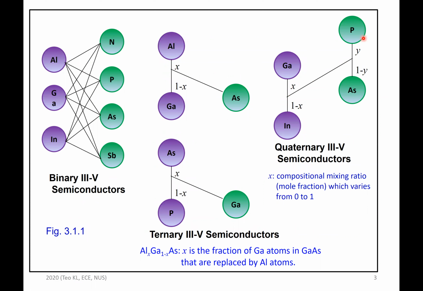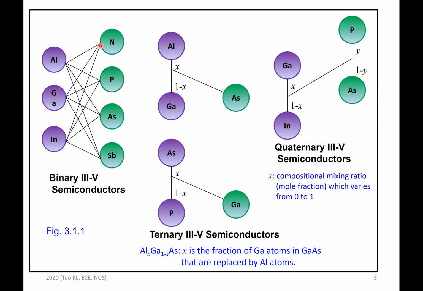Now let us look at how we form semiconductor alloys. For binary III-V semiconductors, a group 3 element and a group 5 element from the periodic table, we usually call these binary III-V semiconductors or compound semiconductors.